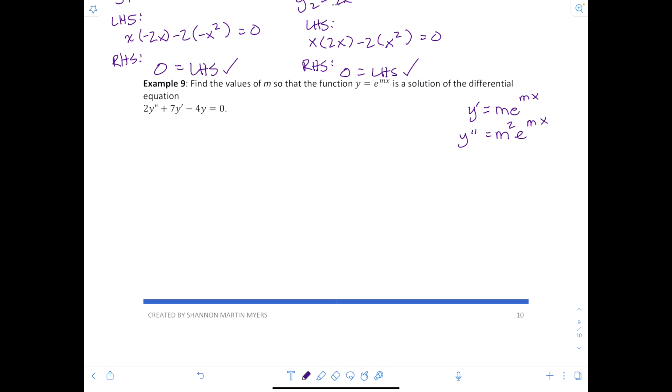Because remember, we're differentiating with respect to x. So 2 times y double prime, we'd have m squared e to the mx. Plus 7 times y prime, which was me to the mx, minus 4 times y. Y originally was just e to the mx equal to 0.